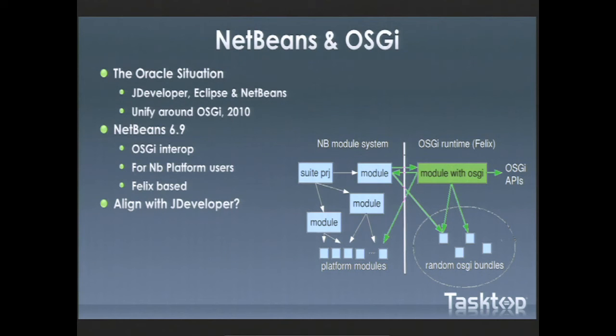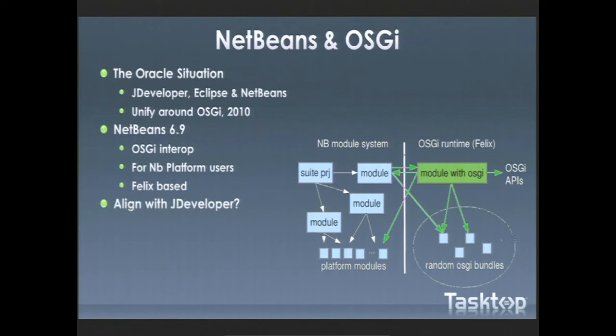The other thing was to reuse existing APIs bundled as OSGi bundles seamlessly in NetBeans. So the picture on the right side basically shows how the system inside of NetBeans looks like. So we are still keeping our module system and dependencies between modules, but next to it, we can also run an OSGi container.